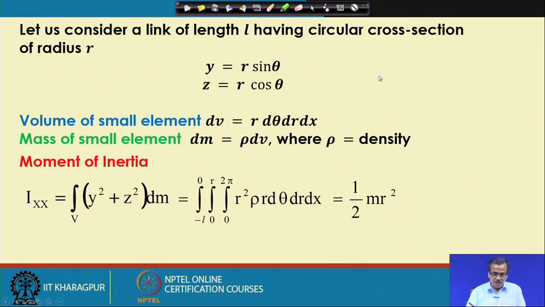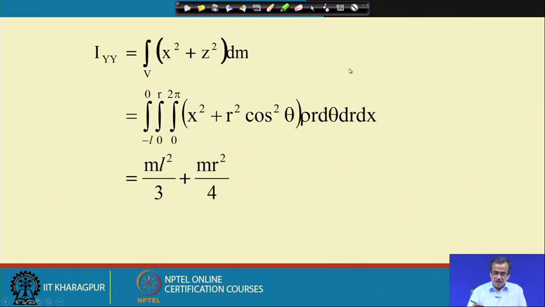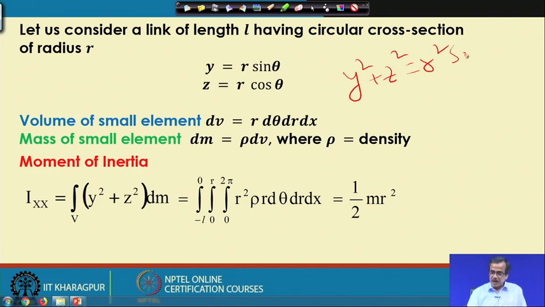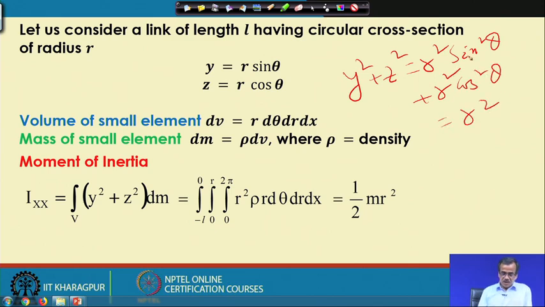Now, y square plus z square is r square sin square theta plus r square cos square theta, which is r square.